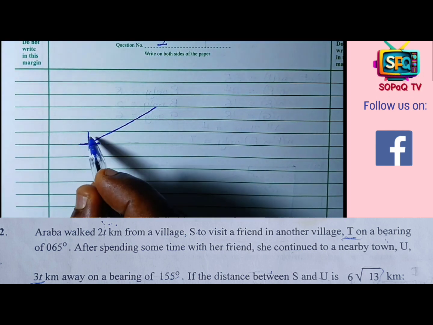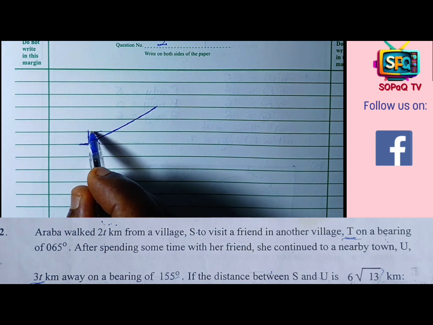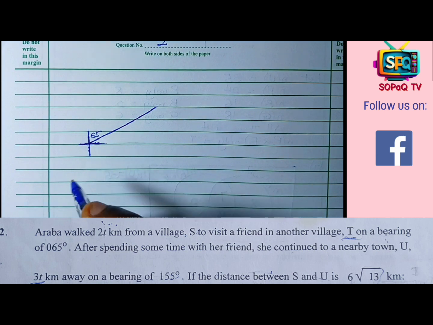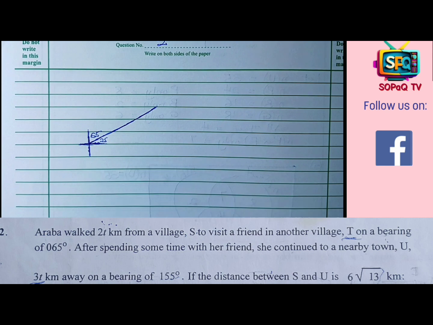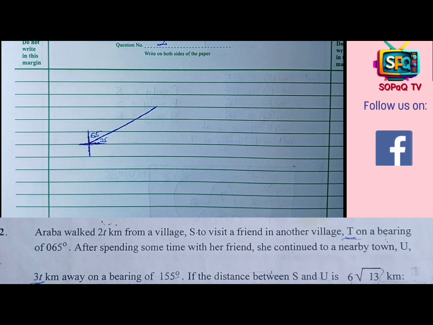So it is clear that from the north to this side, we can allot this side as 65. And it is quite bigger than what is left, which is 25. It is also accurate, because the sum of 65 and 25 will give us our 90.